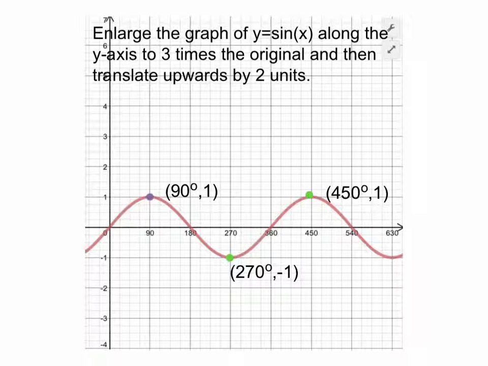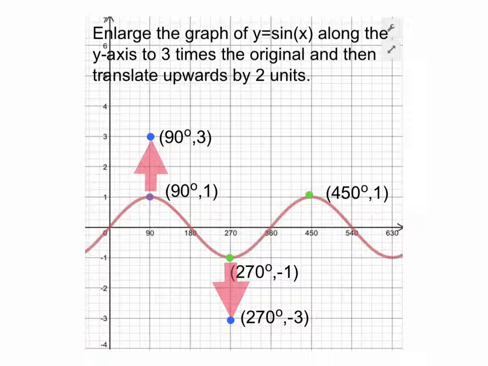After the enlargement along the y-axis 3 times to the original, the image will be (90°, 3), (270°, -3), (450°, 3). When we connect all those 3 points together, we can see the graph of the image clearly.